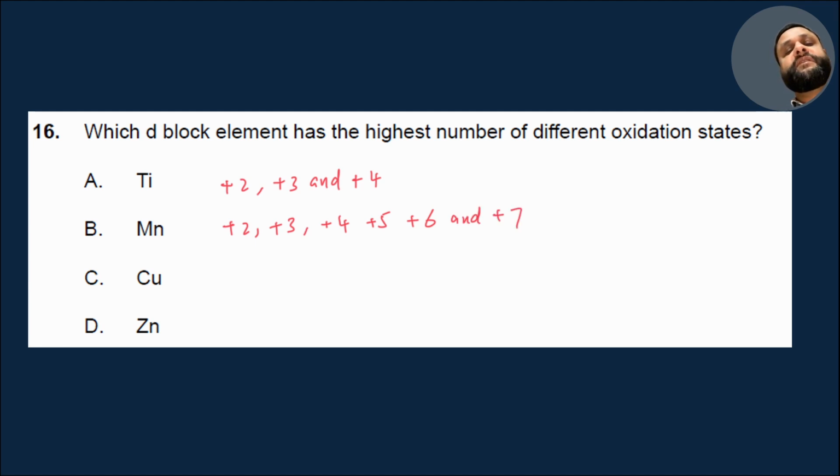The electron configuration of manganese is argon 4s2 3d5. Copper can have only 2 oxidation states, +1 and +2, and zinc can have only 1 oxidation state, +2. Hence the correct answer is B. Manganese has the highest number of different oxidation states in d block elements.